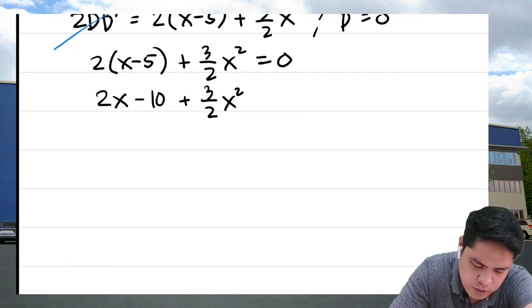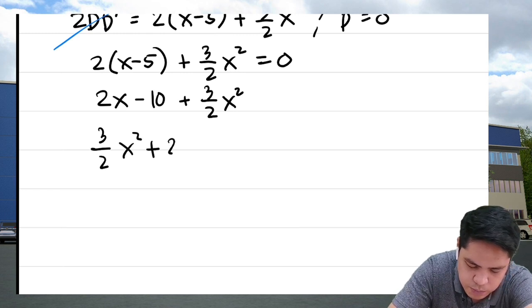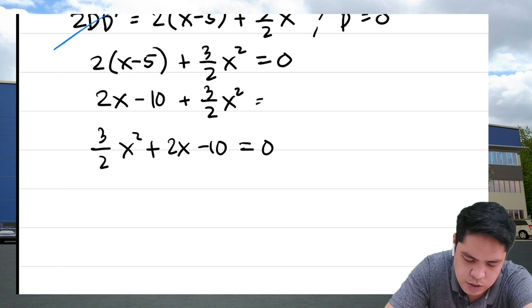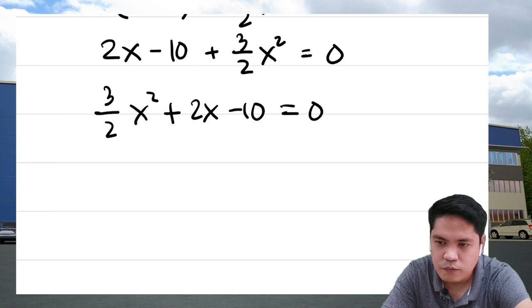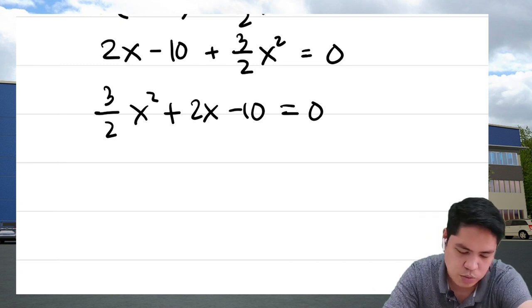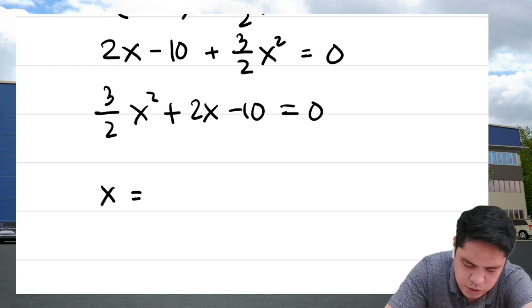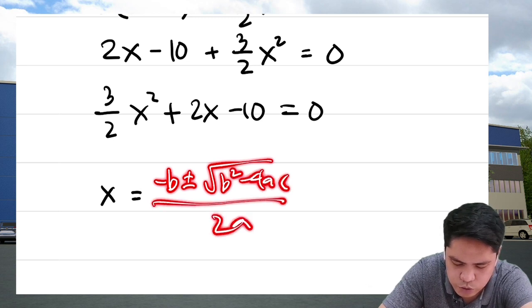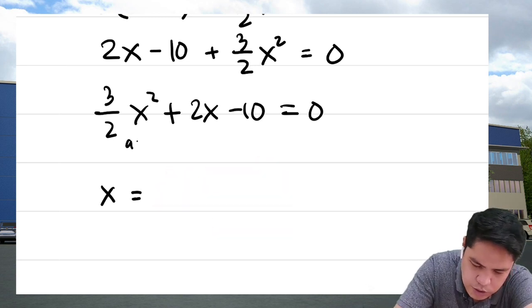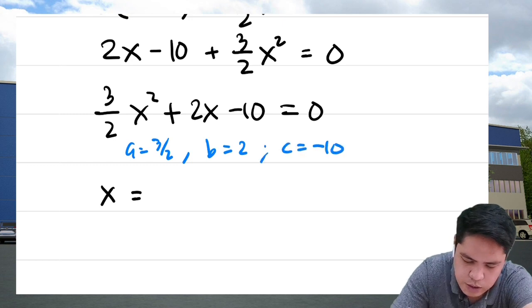Okay, so let's arrange it as 3 halves x squared plus 2x minus 10 equals 0. So we have a quadratic equation. We can use the quadratic formula or maybe completing the square. Let's use the quadratic formula. So x is equal to negative b plus or minus the square root of b squared minus 4ac, over 2a. You know that. So a here is 3 halves, b is 2, and c is negative 10.